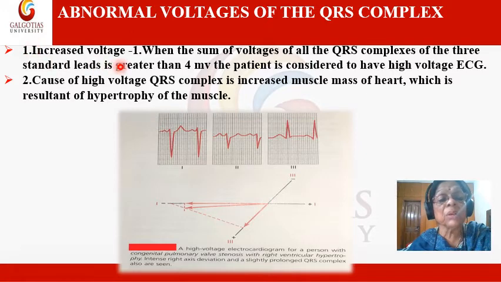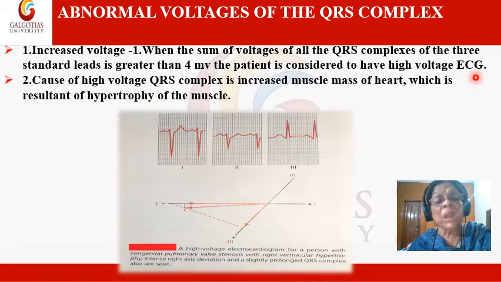Now, increased voltage. When the sum of the voltages of all the QRS complexes of the 3 standard leads is greater than 4 millivolts, the patient is considered to have a high voltage ECG.